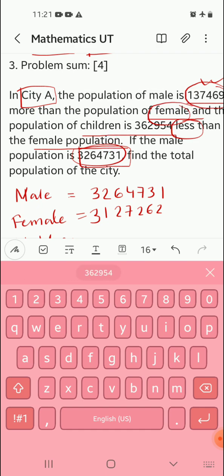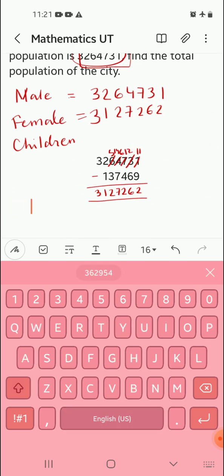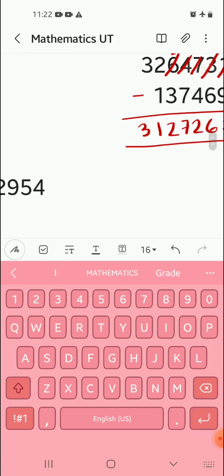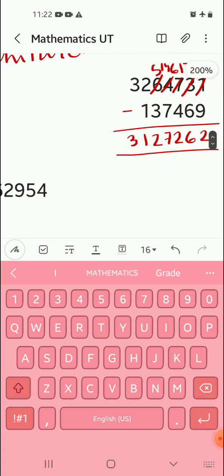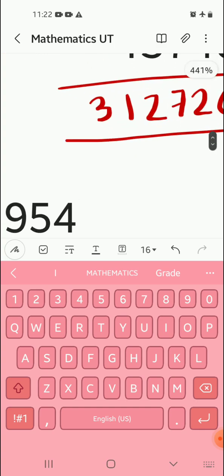is less than the number of female, and we have now found out the number of female. So from the number of female we have to subtract the number of children which are less in number. So once we do it, so the number is 3.